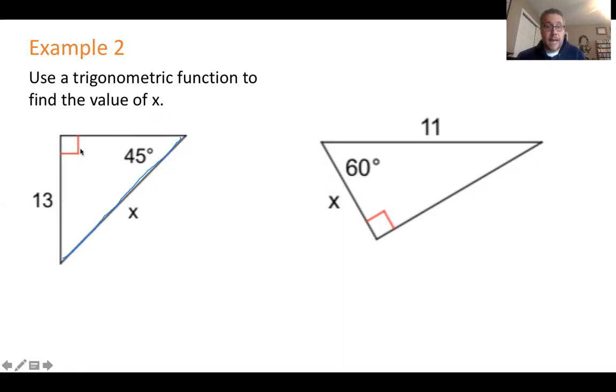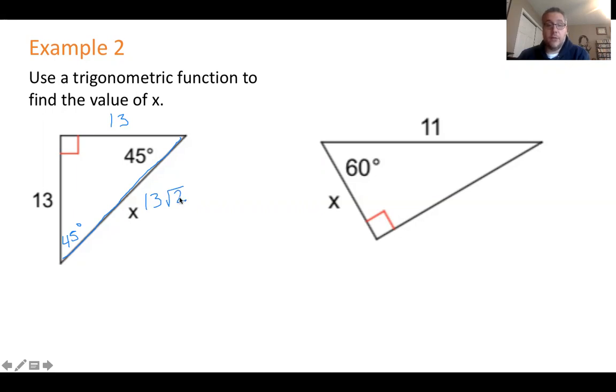So if you have 90 degrees and 45, that implies that the other angle is 45 because everything has to add up to 180. You may know that in a 45-45-90 triangle, both legs are the same. So if this is 13, this is also 13. And the hypotenuse is that number times an additional square root of 2. If you know that, that works.